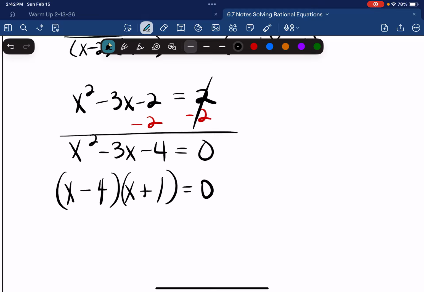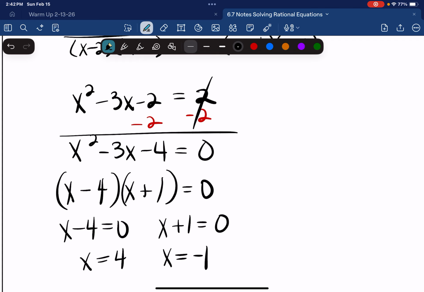And if I have two factors that multiply to make 0, that means either x minus 4 has to equal 0 or x plus 1 has to equal 0. So when I solve each of those for x, I get x equals positive 4 and x equals negative 1.